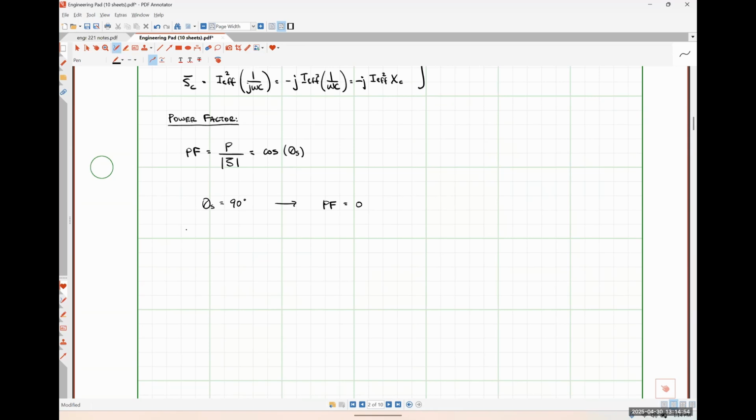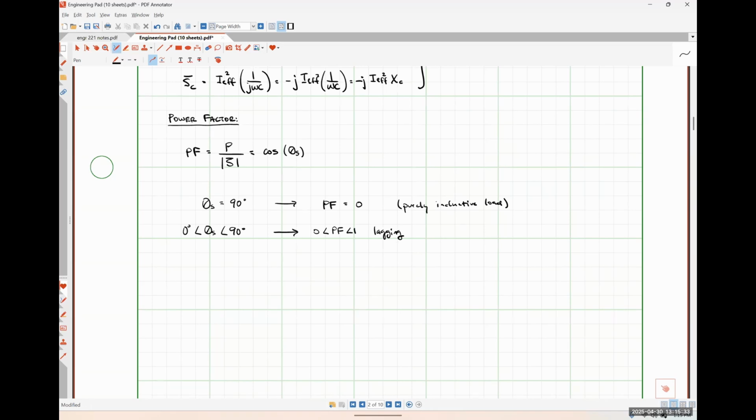Let me make a note here: purely inductive load. When theta s is between 0 and +90 degrees, our power factor is going to be somewhere between 0 and 1, and this is what we call a lagging power factor.